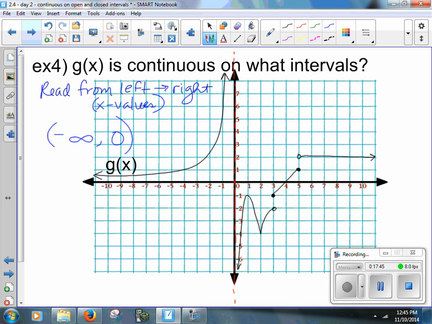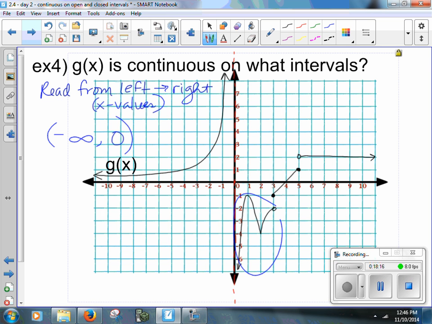Where's the next continuous piece? I just want us to list the intervals. Are we doing the brackets and parentheses? Yes, we are. I'm looking at each piece. What's this piece right here?